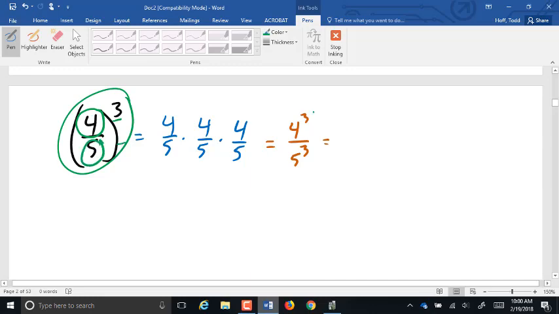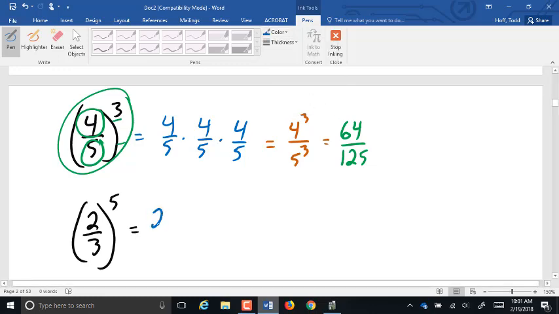So 4 to the third is 64, good. And 5 to the third? 125, good. We might have 2/3 to the power of 5.